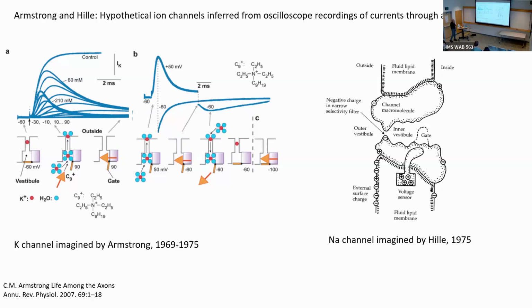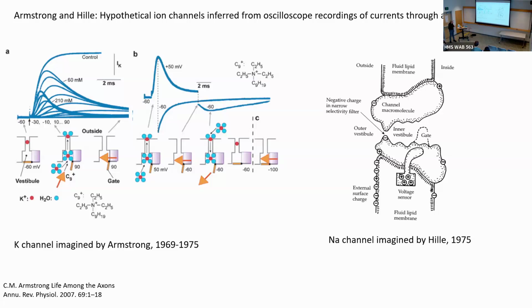And one of the coolest experiments he did here was he found that if he had one of these inside, the channel opened, the blocker came in, and then he repolarized the membrane where the channel would close again. It didn't close right away. It conducted for a little while, and he concluded that's because there was a gate on the inside of the channel that could not close when this blocker was inside.